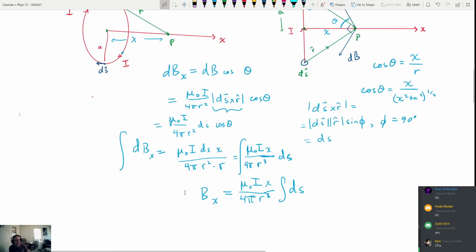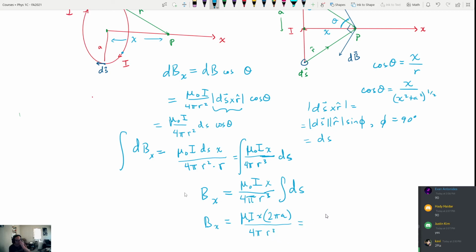Two pi a, exactly. So we'll have bx is equal to mu naught I x times 2 pi times a. After all, the radius of this thing was a. And then we divide that by 4 pi times r cubed.